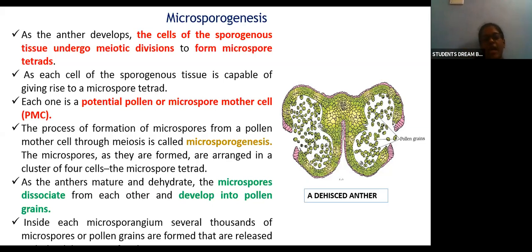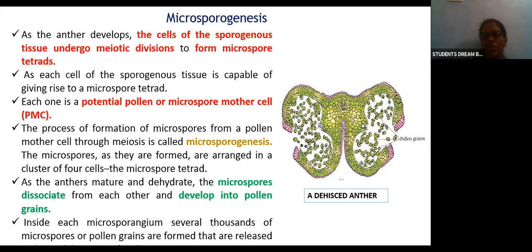As the anther matures, what will happen? It will dehydrate. All the water in the anther will drain, so it will shrink, and the microspores will dissociate from each other and develop into pollen grains. You can see here in the final layer the sporogenous tissue.